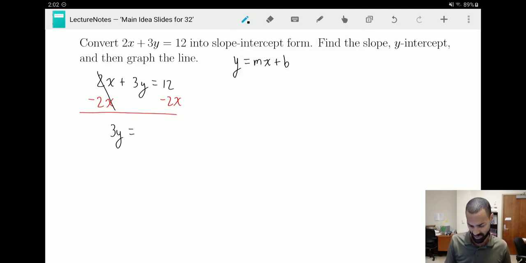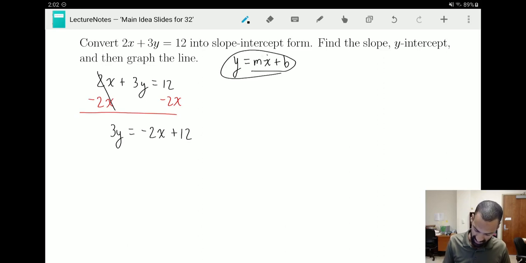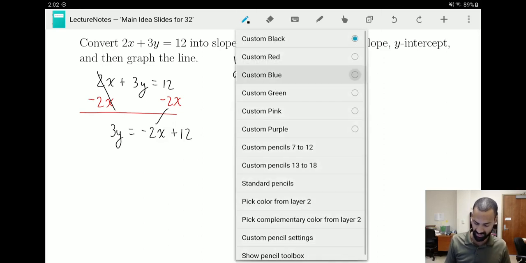Put the negative 2x before the 12. Don't put 12 minus 2x. You could do that technically, there's nothing wrong with it, but we want it to look like y = mx + b as close as possible. So notice the variable term x comes before the constant term b. So we'll do that here. Alright, so we just bring them down, negative 2x and a positive 12. Okay, now divide everything by 3.